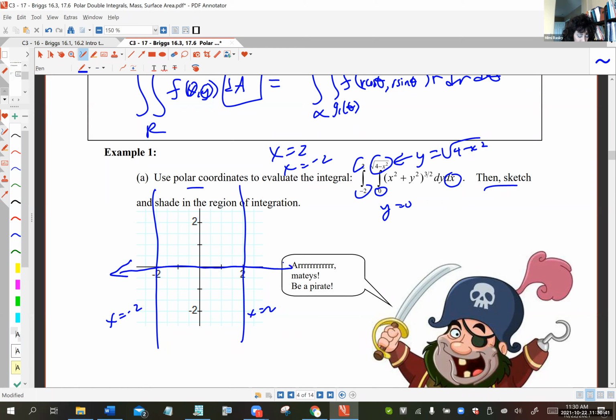Y equals 0 is a horizontal line on the x-axis, and y equals positive square root of 4 minus x squared is the upper semicircle. That's a circle centered at the origin of radius 2. And so if I shade it in, it looks like it's going to be the upper semicircle. That's my region of integration, and it's definitely part of a circle. That tells me this is probably going to be a good candidate to convert to polar, like for reals. Okay, good news.